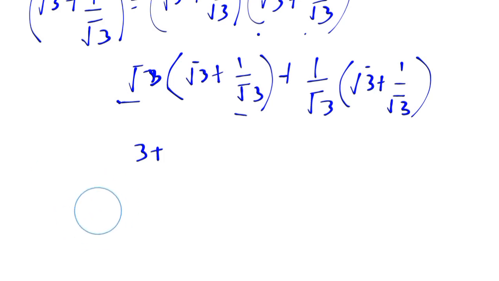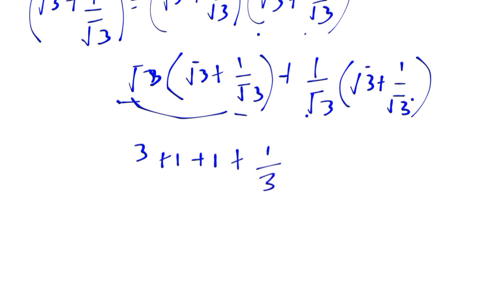So if you multiply these two, you get 1. Plus 1 over root 3 times root 3 will still give me 1. Plus 1 over root 3 times 1 over root 3 is 1 over 3. If I simplify, 3 plus 1 is 4, 4 plus 1 is 5, so that is 5 plus 1 over 3. That is my final answer, 5 and 1 over 3. So that is the answer to this question.